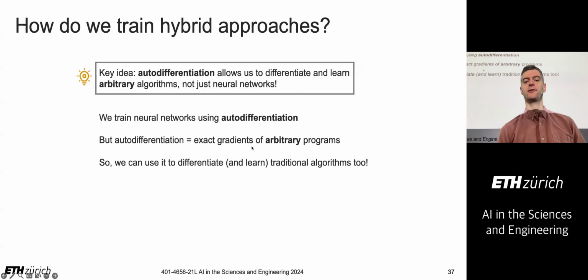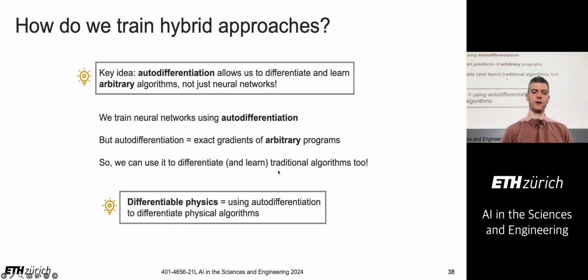Autodiff is just exact gradients of arbitrary programs, and so we can use it to differentiate and learn traditional algorithms too. I'm calling these hybrid approaches. They're also known as differential physics approaches. This is just a general idea that we can use Autodiff to differentiate through our existing physical algorithms. So this is a whole class, or a whole field, of scientific machine learning. It's differentiable physics.